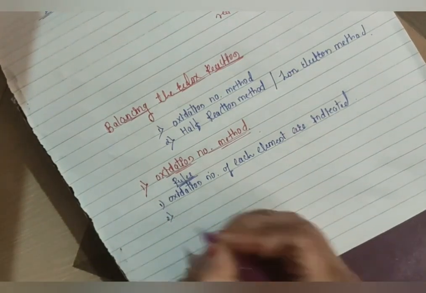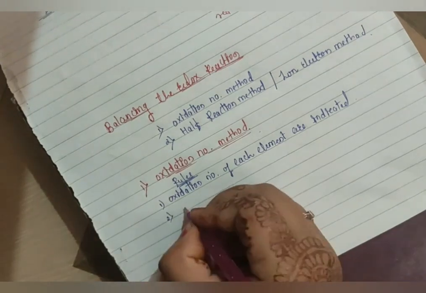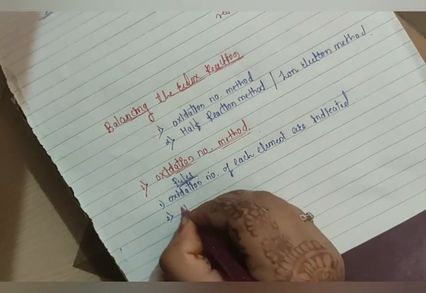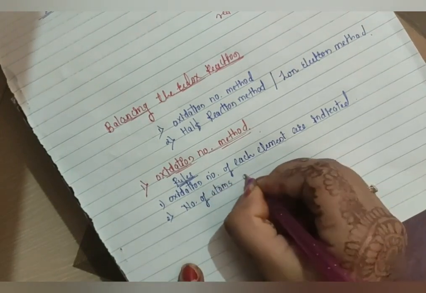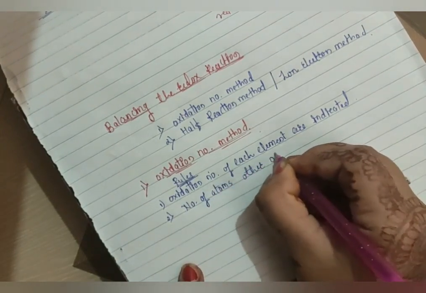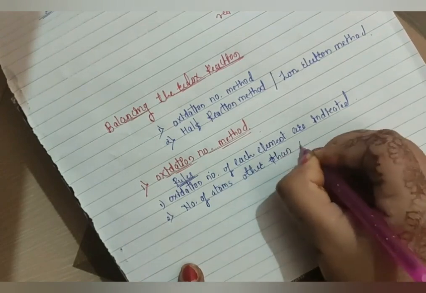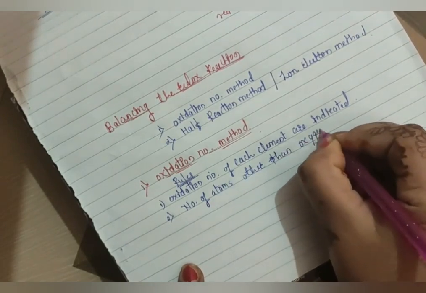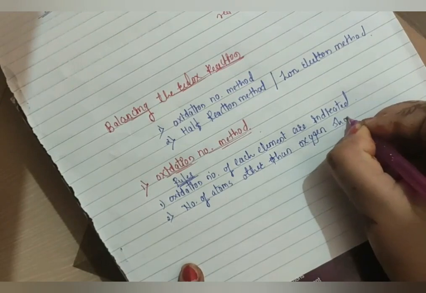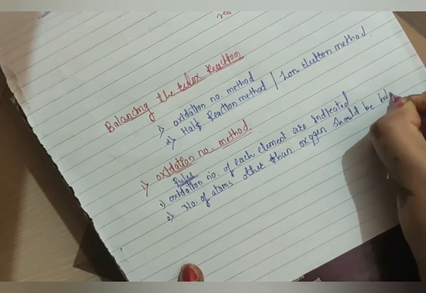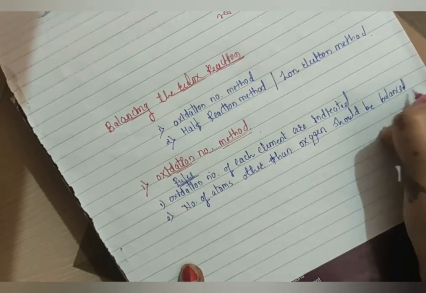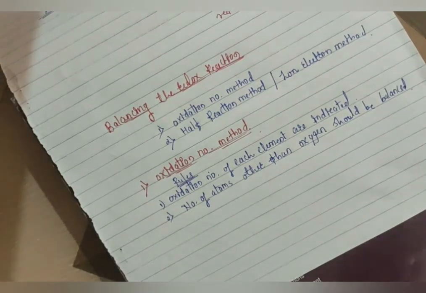Next, after writing the oxidation numbers, the atoms other than oxygen should be balanced. When you are writing the oxidation number for each reactant, after that, other than oxygen some elements are present.